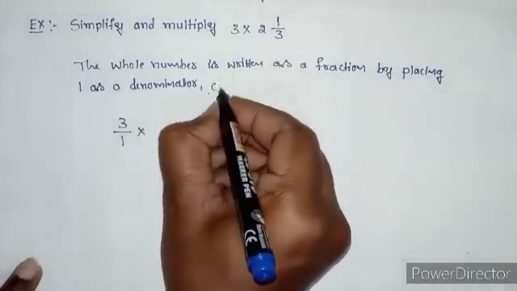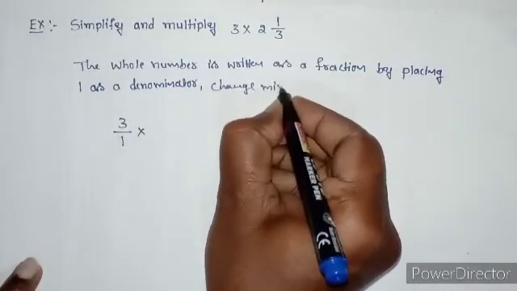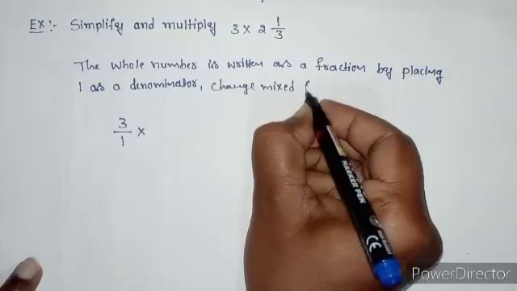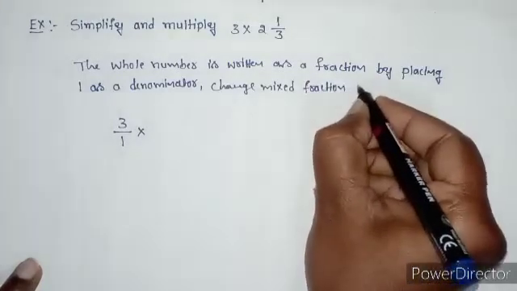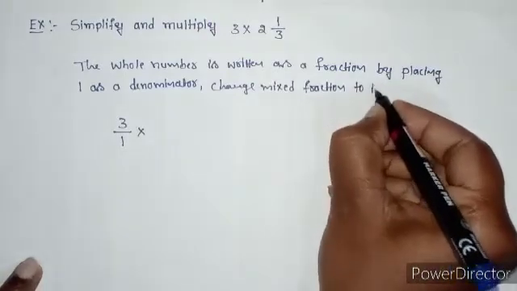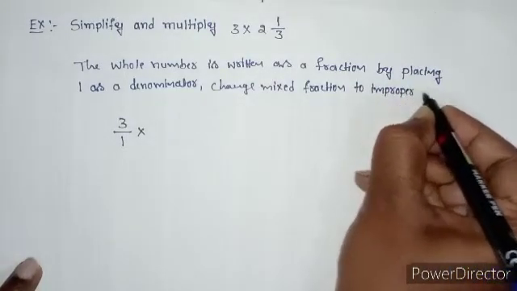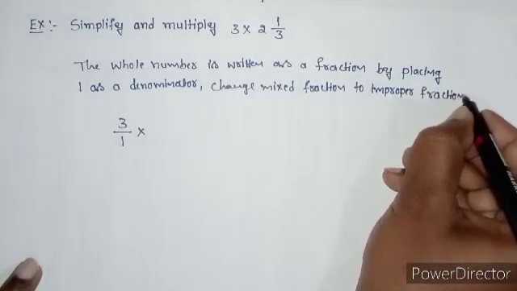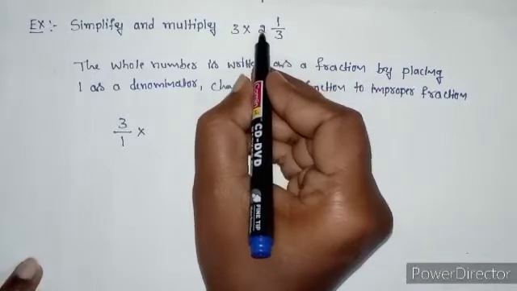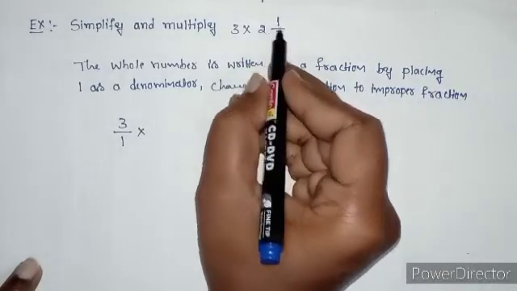Okay, so change mixed fraction to improper fraction. Okay, so all of you see here, 3 2s are 6. 6 plus 1, 7, right?